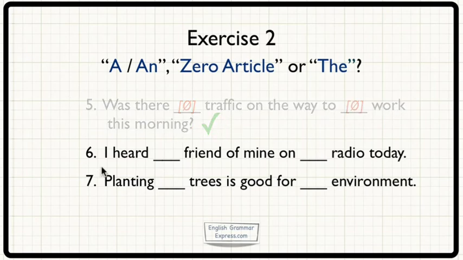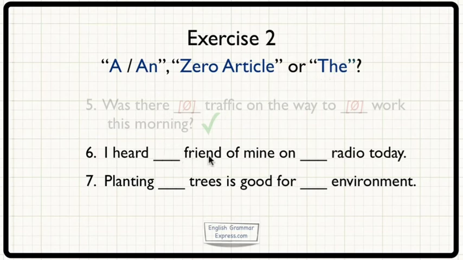Sentence number 6 now. I heard something friend of mine on something radio today. Let's start with friend, which is countable singular, which means we can either use a or an or the, not zero article. The next question is, is this friend general or particular?